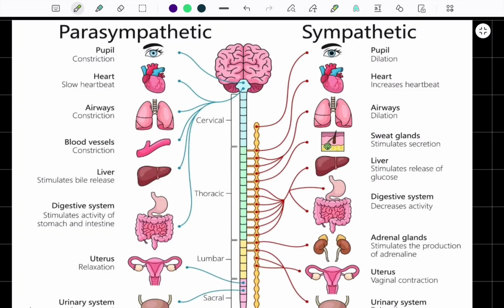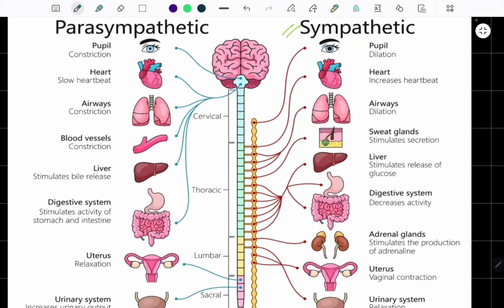As I already told you about the sympathetic system, the neurons of this system originate from the thoracic region as well as the lumbar region, from T1 to L2. Here you can see these are all the neurons that emerge, and they are traveling to different organs just to carry out the sympathetic functions. When the postganglionic neurons reach the pupil, they cause dilation.